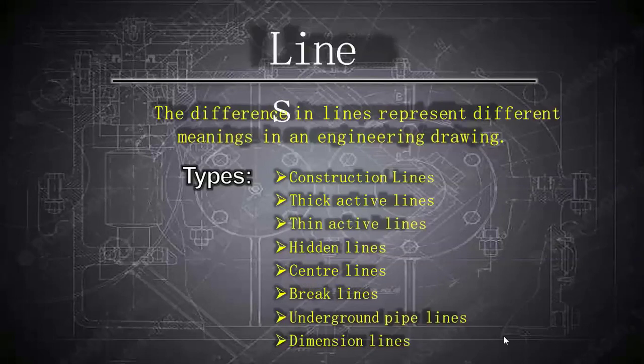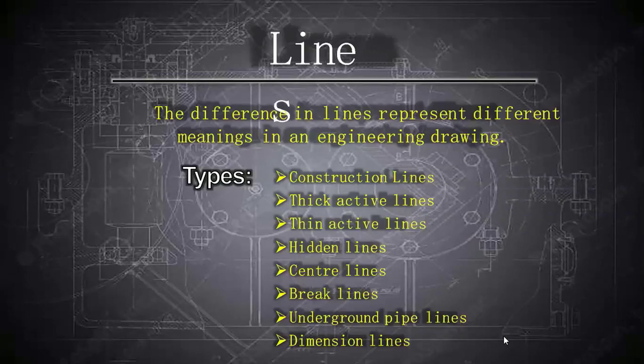Then the thick active lines, in which we use the line showing permissible surface treatment, then hidden outline lines, then hidden edges. There are certain types used in it.